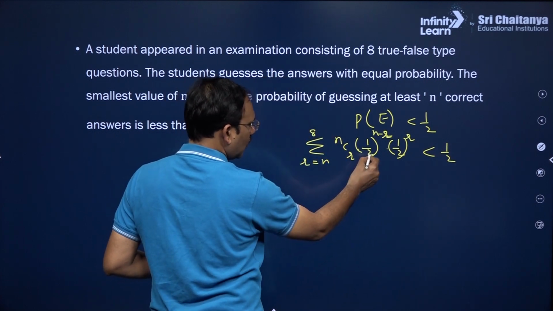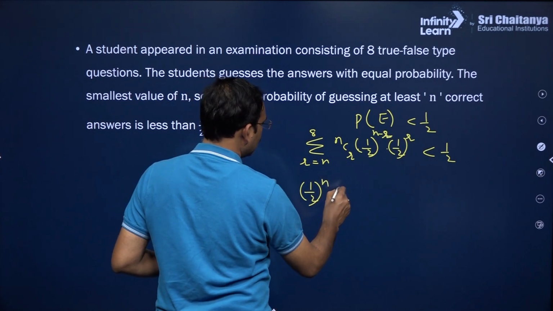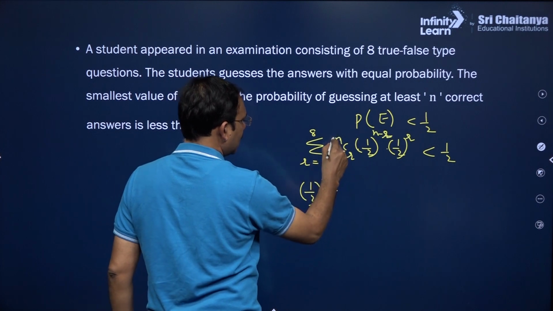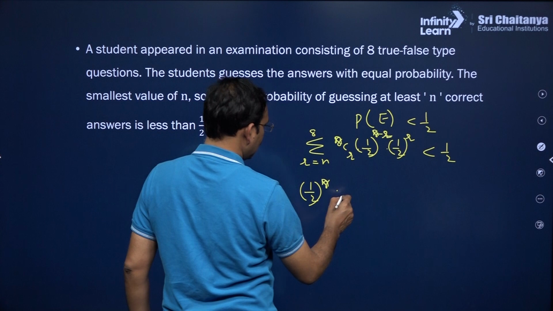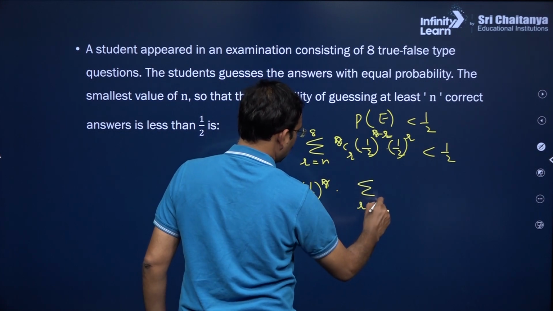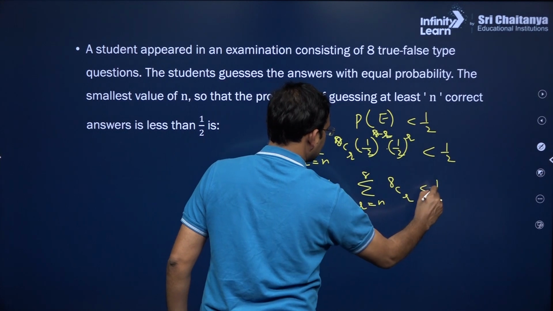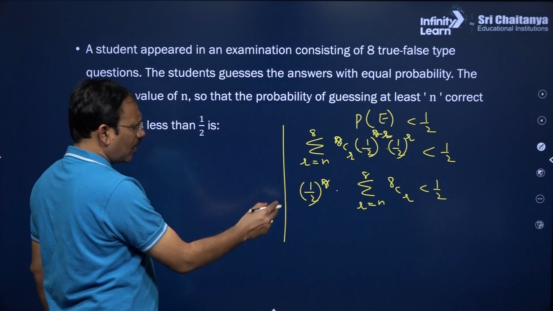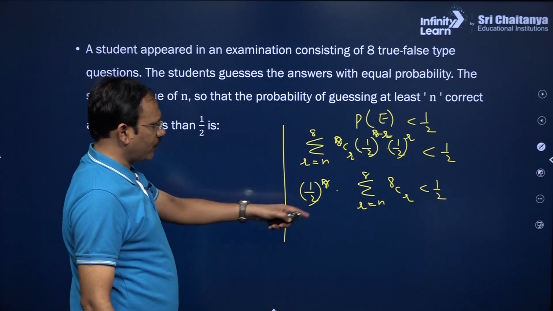This I can say 1 by 2 power n, you can take common, into 1 by, this is nothing but, I see friends, 8Cr, I can say 8 minus r, this is 1 by 2 power 8 into sigma r is equal to n to 8, 8Cr is less than 1 by 2. So my dear friends, we can also say like this: 1 by 2 you can cancel, this is 256, no?